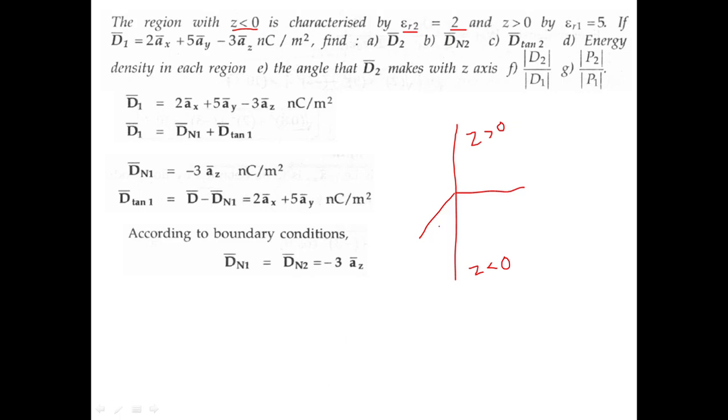Whatever region we have from this point upwards is epsilon r1, and here it is epsilon r2, right? So this will be the boundary.